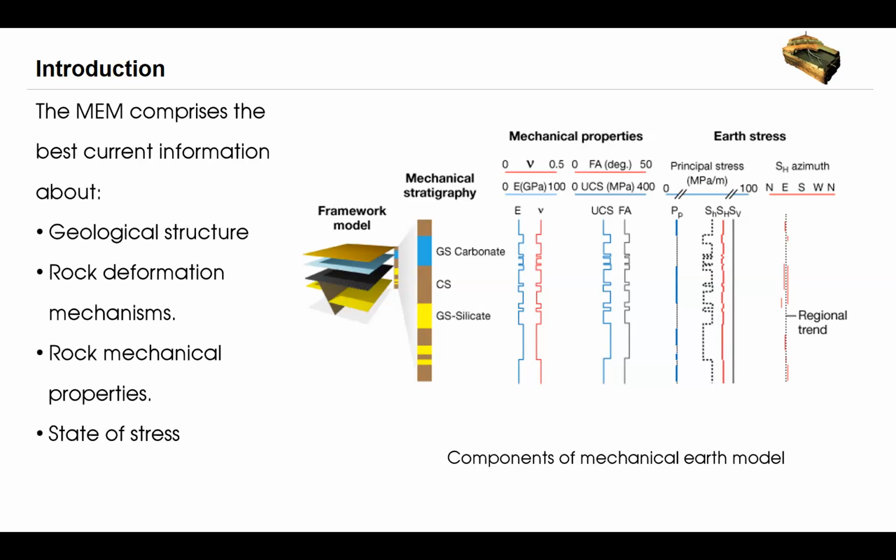We can talk about the paleo stress, we can talk about our present day stress, and also the far field stress. These three components we have to keep in mind to better talk about stress later in our comparison between the three sets of stress.